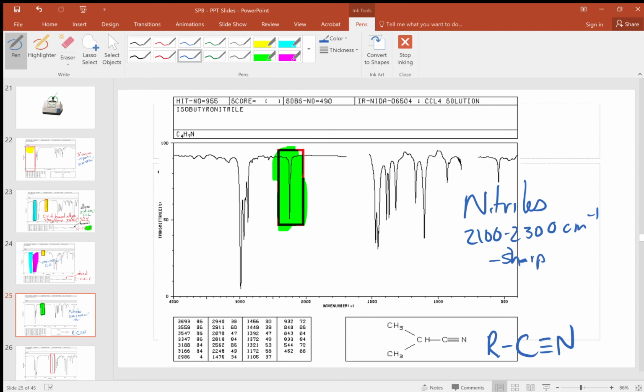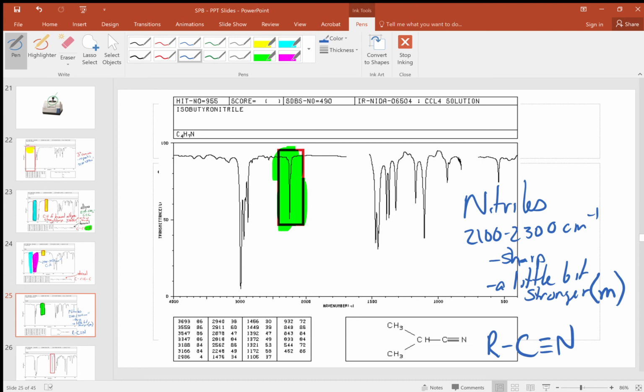We saw alkyne peaks were as sharp as well. But the main difference is that nitrile peaks are a little bit stronger. So most nitriles, we would say, are of approximately medium intensity, whereas alkynes are weak, getting up to medium, but usually not as strong.